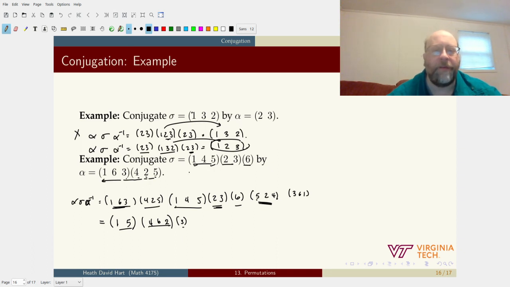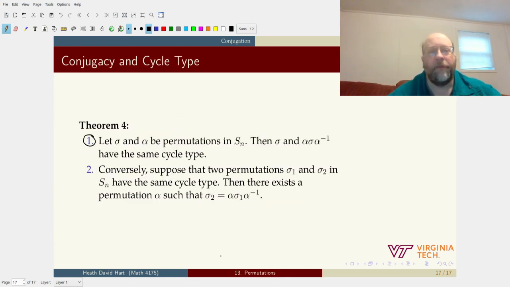If we have a cycle type of 3 and then 2 and then 1, then we will have that same result after we've conjugated. It'll still be a 3 cycle and a 2 cycle and a 1 cycle after going through this convoluted series of stuff. So every permutation and its conjugates always have the same cycle type.